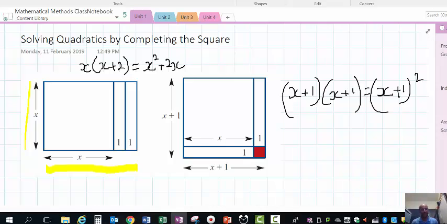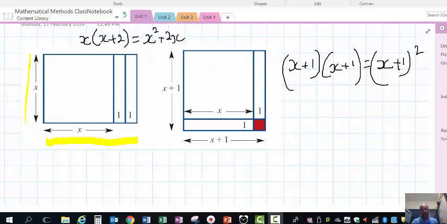And it's kind of what we're doing with completing the square. We need to do this algebraically if we're to solve or convert the form of a quadratic that we're given when it's not in that perfect square form.